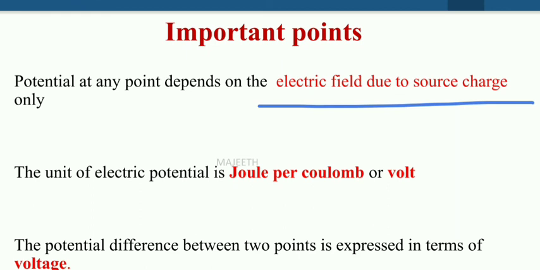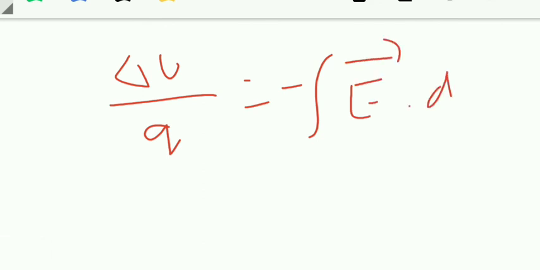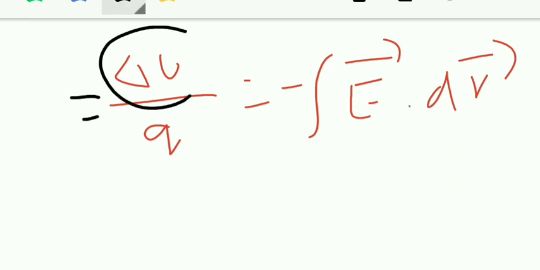Next, we know that del U by q is equal to minus E dot dr. From this we can derive the unit of potential. Here, U is potential energy. What is the unit of potential energy? Joule. What is the unit of charge?